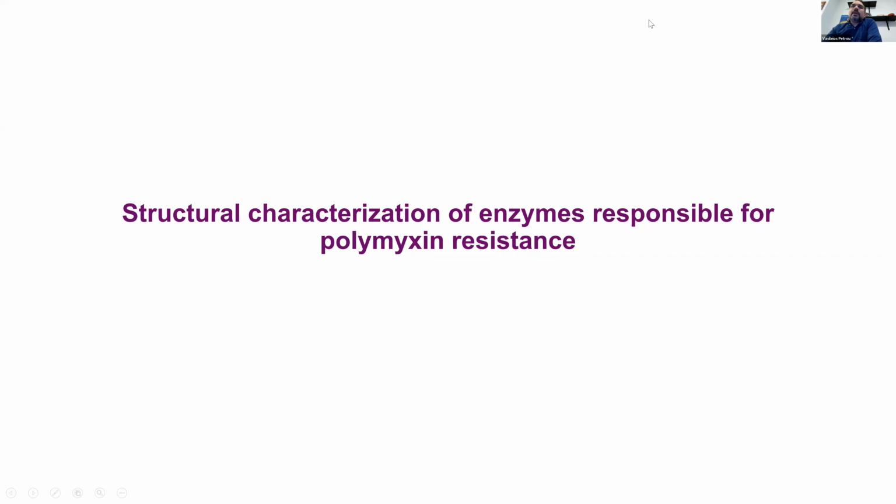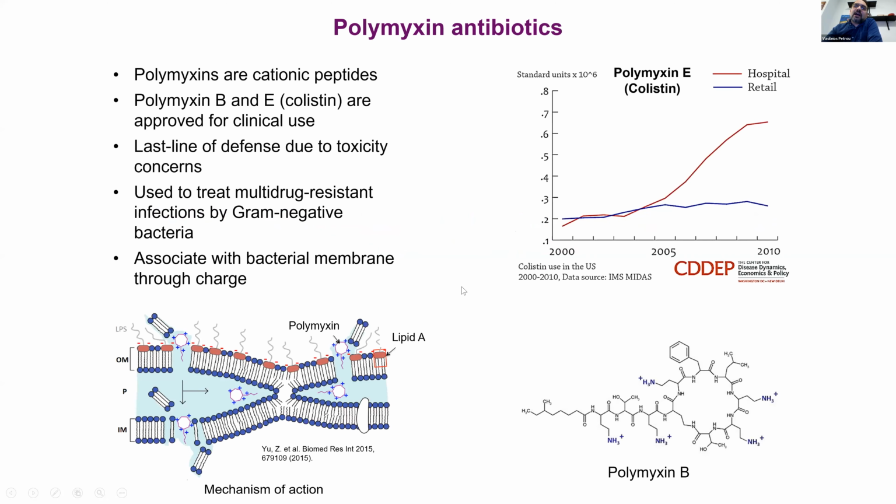And polymyxins are antibiotics that are used currently to fight multi-drug resistant infections mostly. They are cyclical cationic peptides, and they are thought to work by permeabilizing the bacterial membrane.